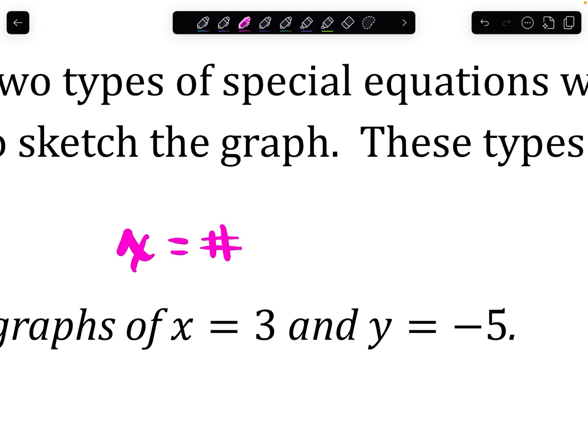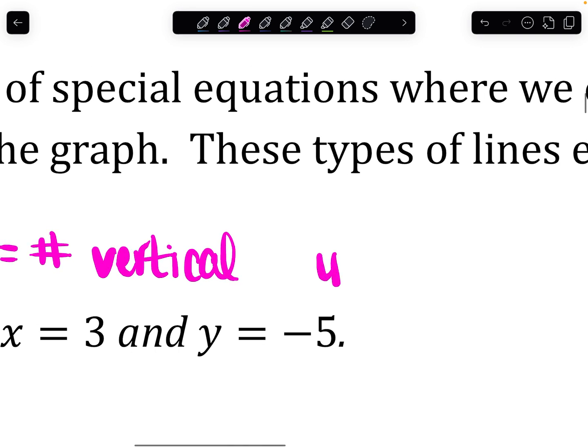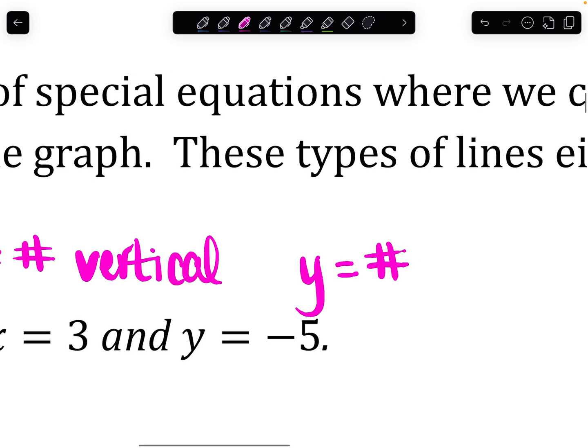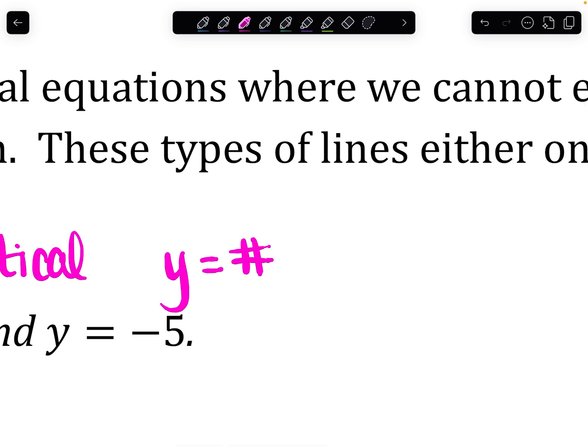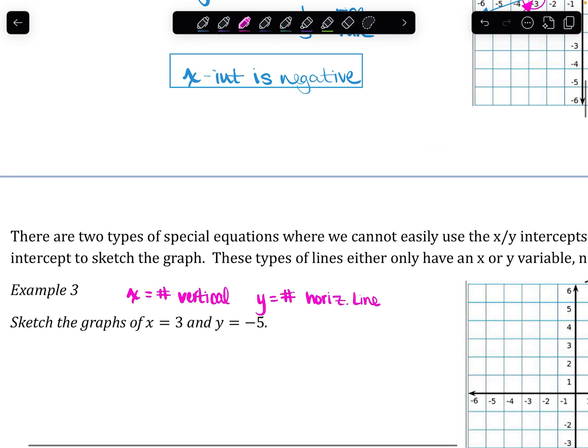X equals a number means you have to cross the x-axis at that number. So this results in a vertical line. The equation of y equals a number means I have to cross the y-axis at that number, which results in a horizontal line. So x equals is a vertical line, y equals is a horizontal line.